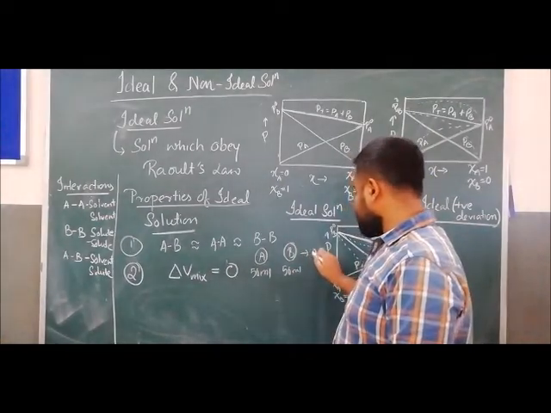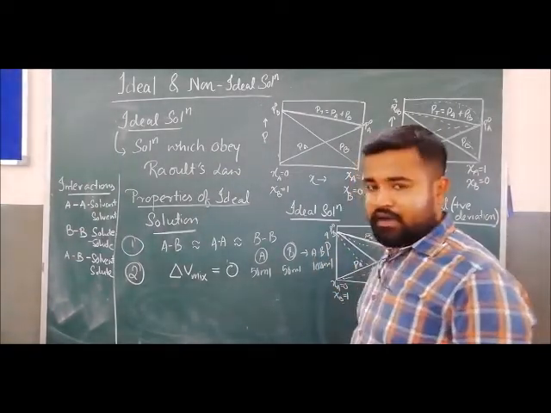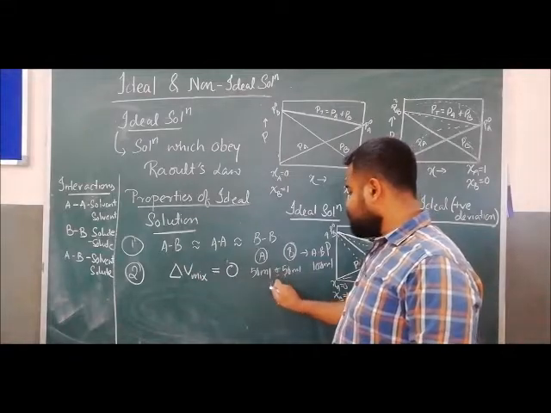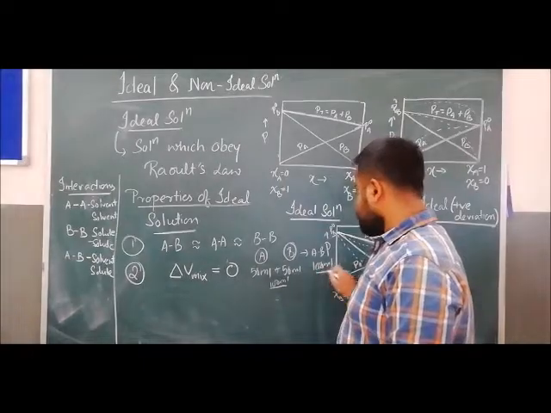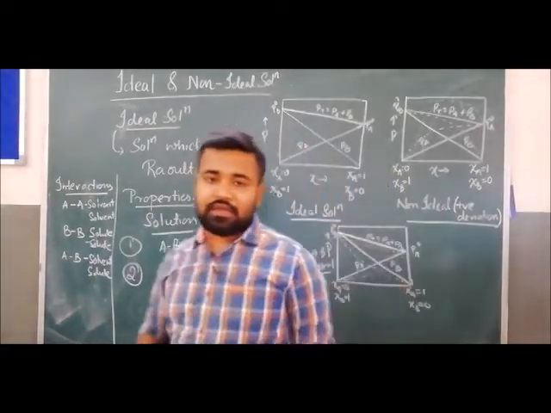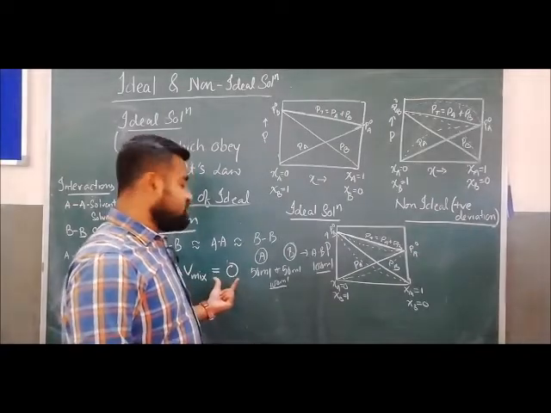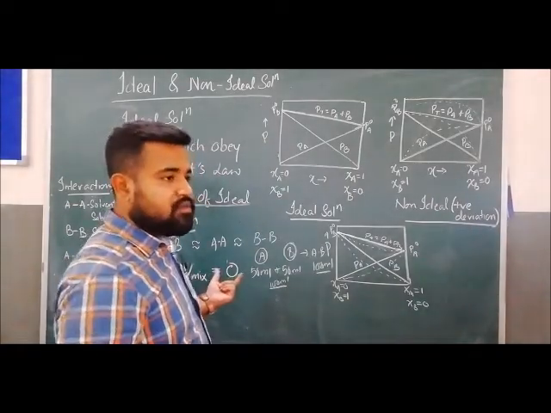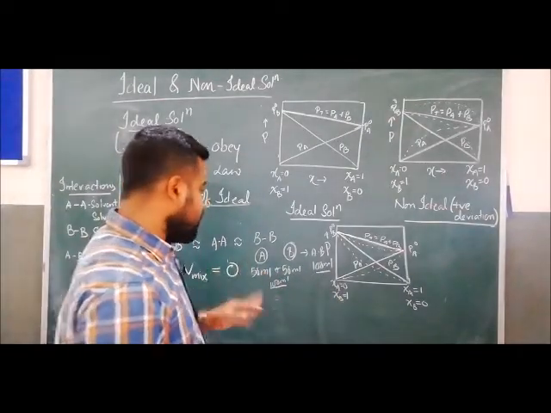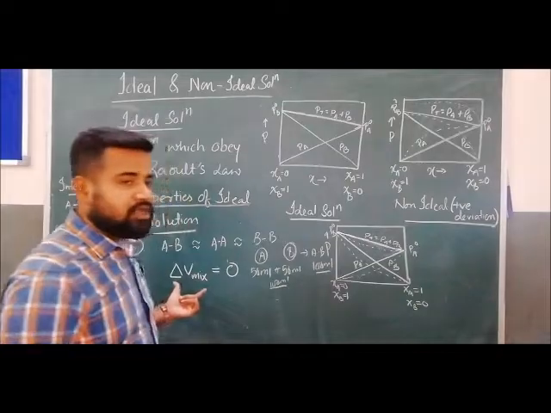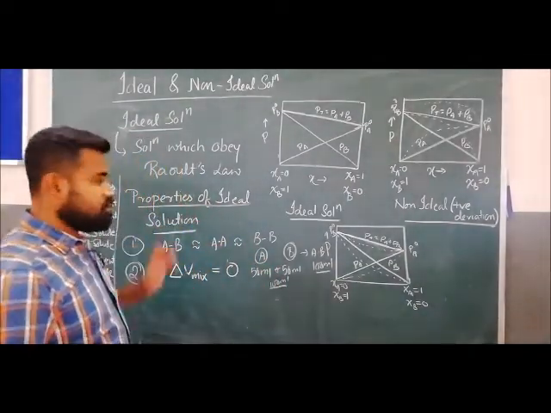So after preparing the solution, if it remains 100 ml, 50 plus 50, then before the solution the total volume is 100 and after the solution the total volume is also 100. Then it is called delta V mixing equals 0, meaning before mixing and after mixing the volume remains constant. This is the second property of an ideal solution.